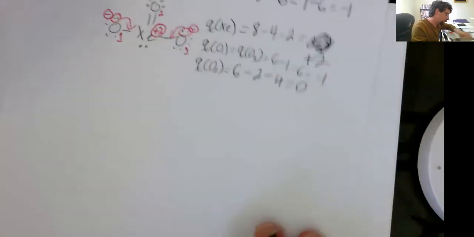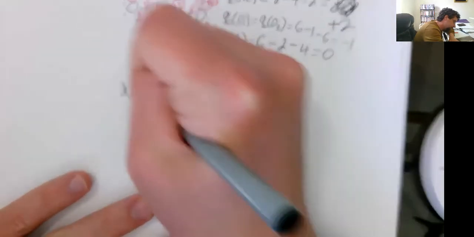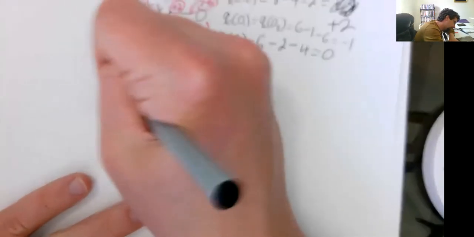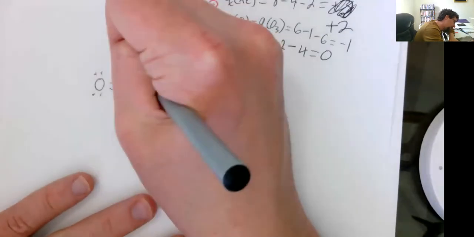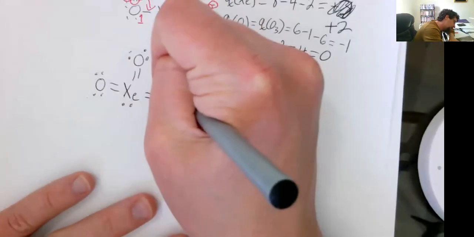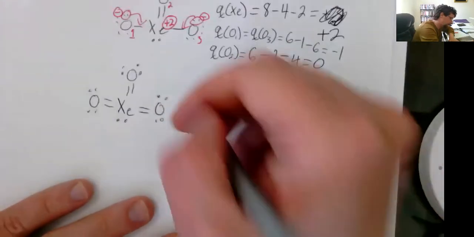So if we swing that down, let's see what happens. Almost done drawing. Okay, let's calculate the formal charge then.